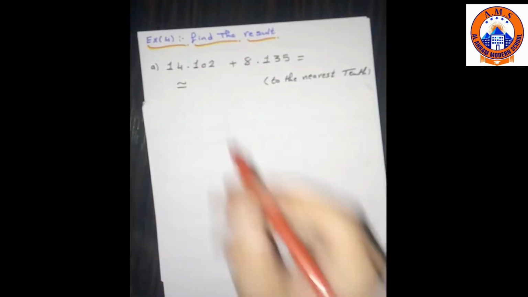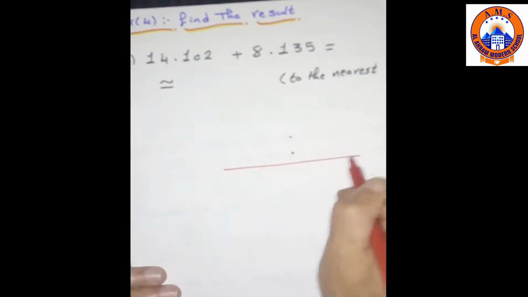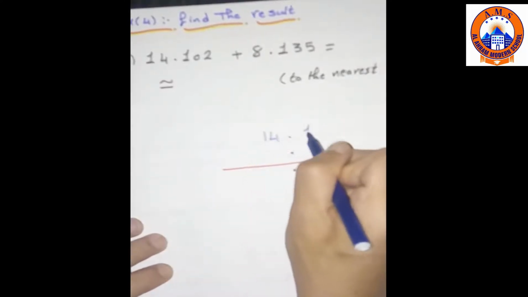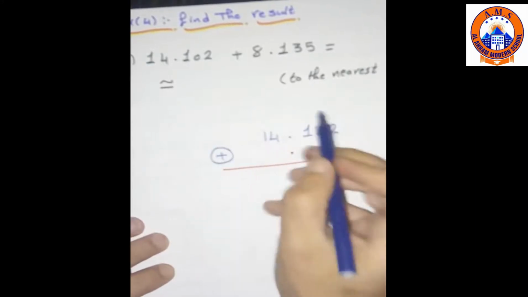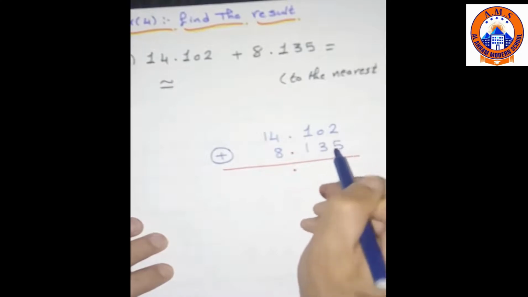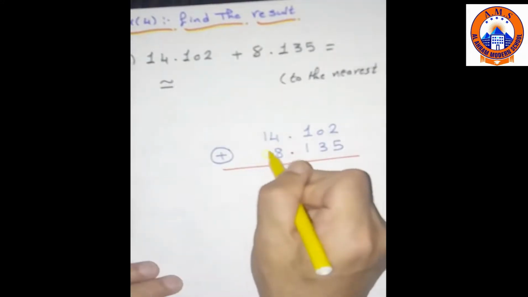I will make this addition by putting a point, under it another point, and I take a line, under it another point. Then I'm going to write the numbers. We have 14 and 102, added to 8 and 135. If you have empty digits, you fill them with 0.